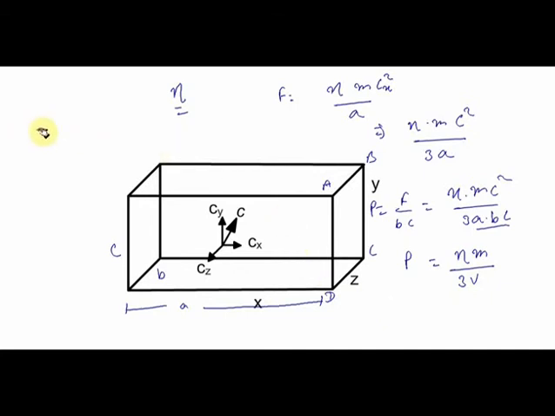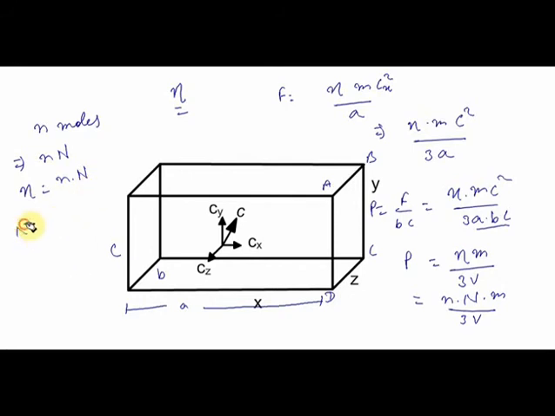Now suppose that there are n moles of gas inside this container, so the number of molecules would be n into capital N, where capital N is the Avogadro number. So the value of N, that is the total number of molecules, would be n into capital N if there are n moles of gas inside this container. So we can write P is equal to n into capital N into m C square by 3V. Now m is the mass of one molecule.